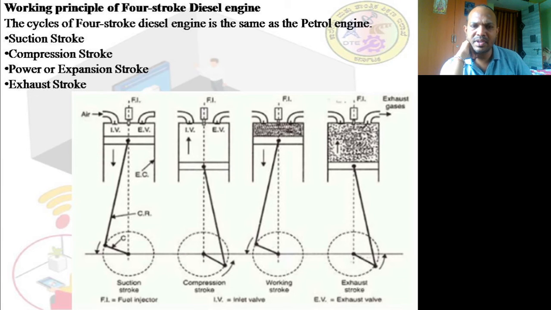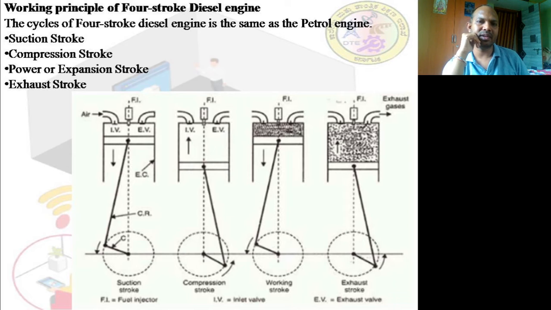And as you can see, there is no spark plug. The spark plug is used only in petrol engines and not in diesel engines, whether it is two-stroke or four-stroke. Petrol engine means they will use the spark plug. If it is a diesel engine, then they will use the fuel injector.